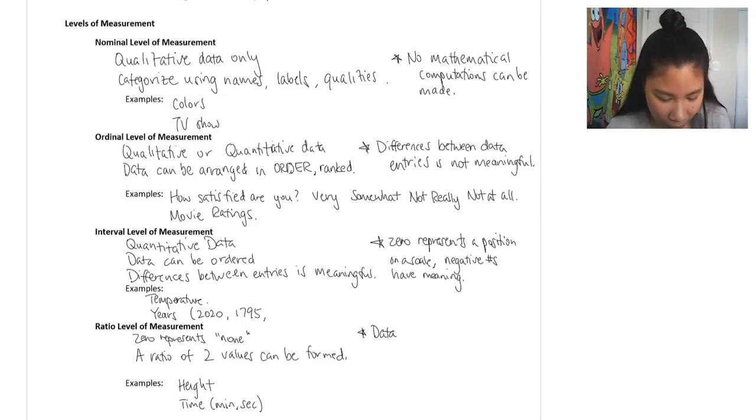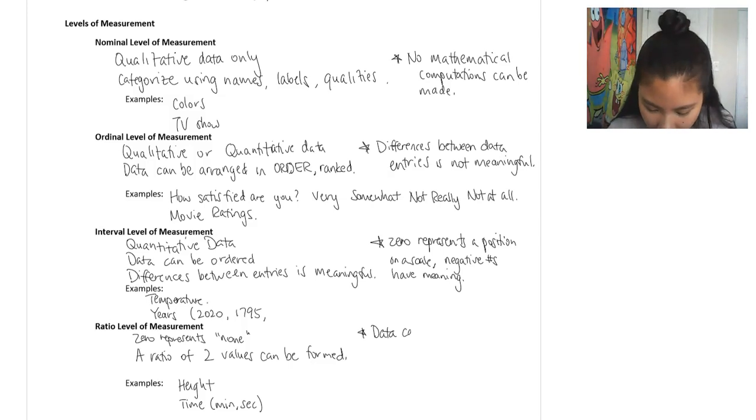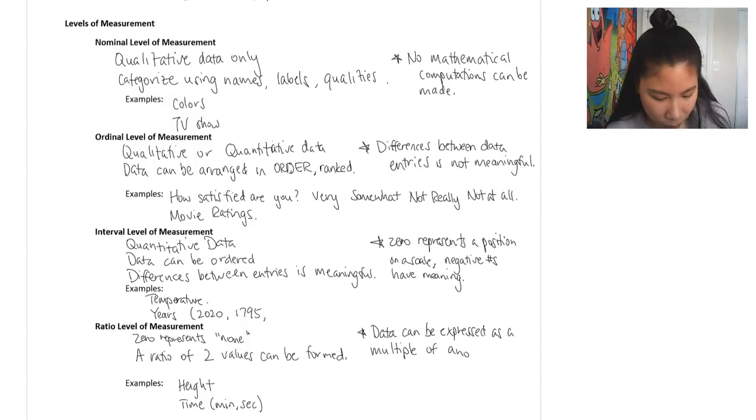So I'm going to write that down as data can be expressed as a multiple of another. Kind of like 1 minute versus 2 minutes is the same as twice as long.